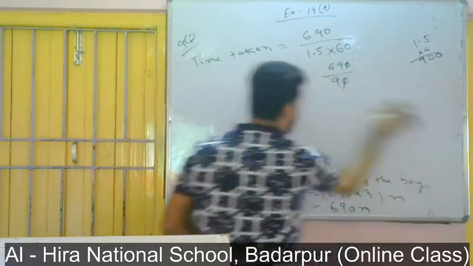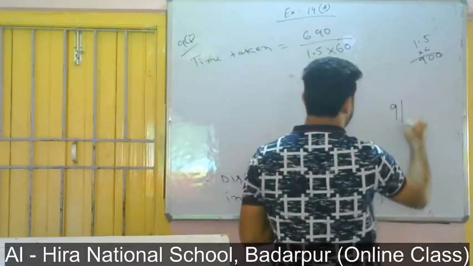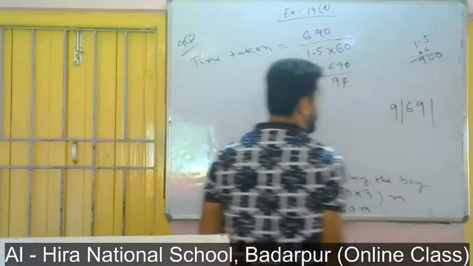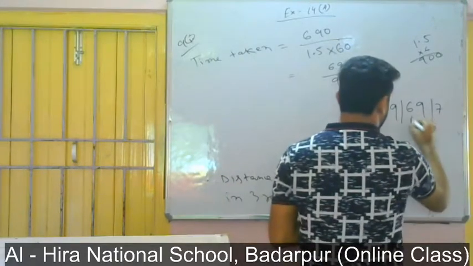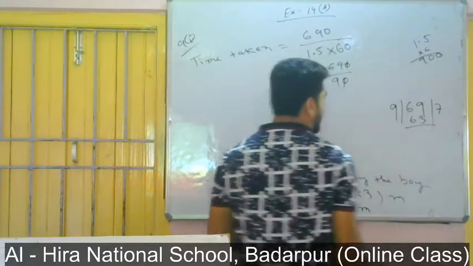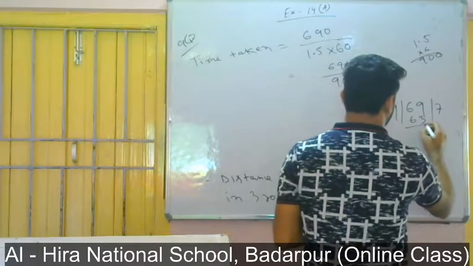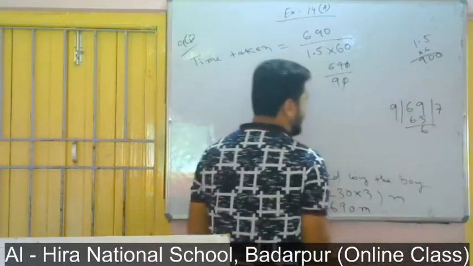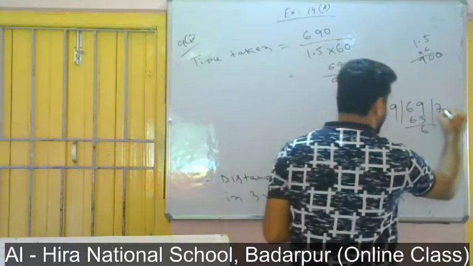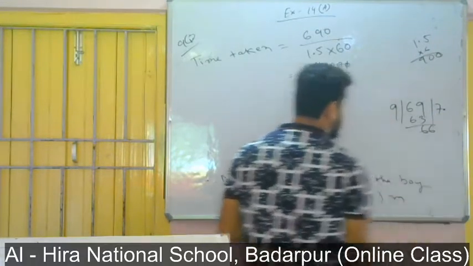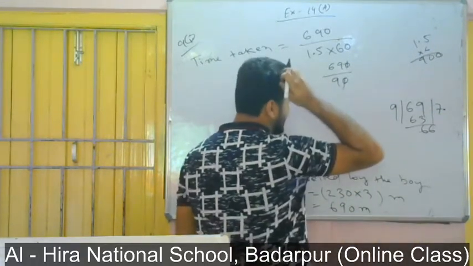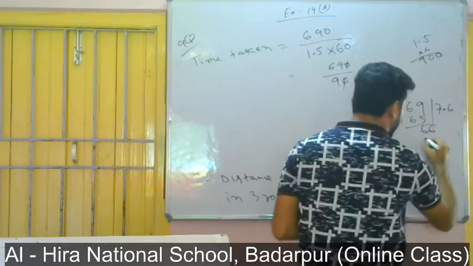Okay, so if you divide, then 9 7 are 63. Remains 6. So 6 is not divisible. We'll put point, and 66. Again 6 9 are 63.